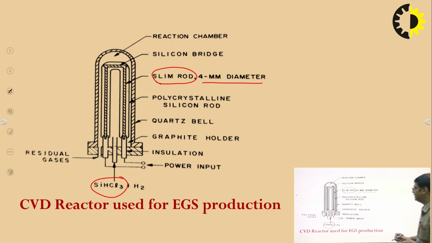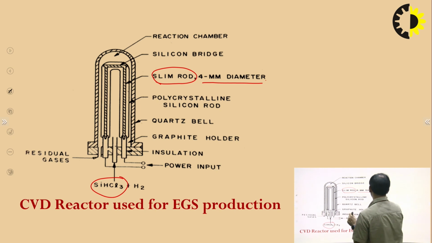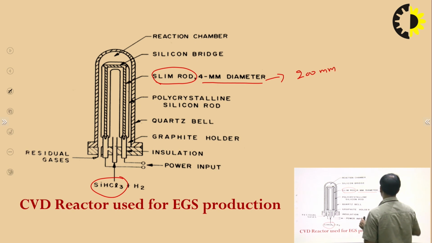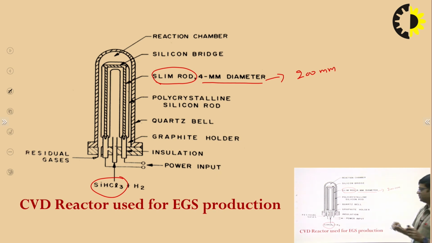Whereas we can see here the slim rod that we have used as a nucleation point has a diameter of only 4 mm. So this 4 mm rod is changed to around a 200 mm EGS rod.